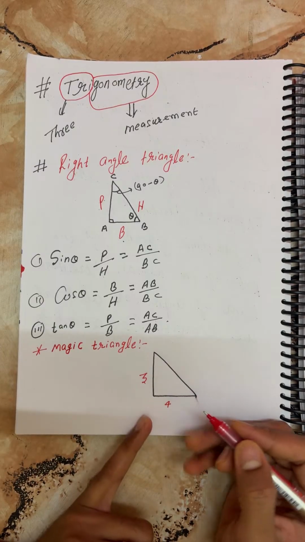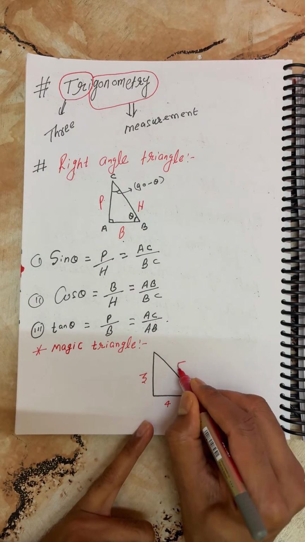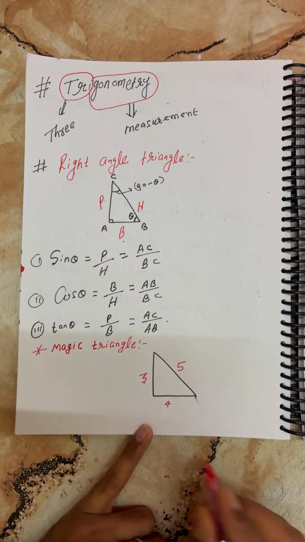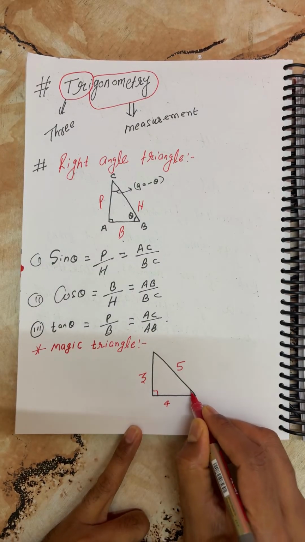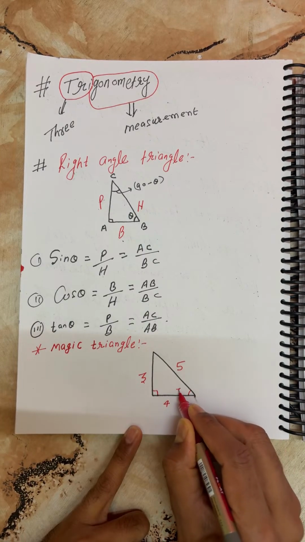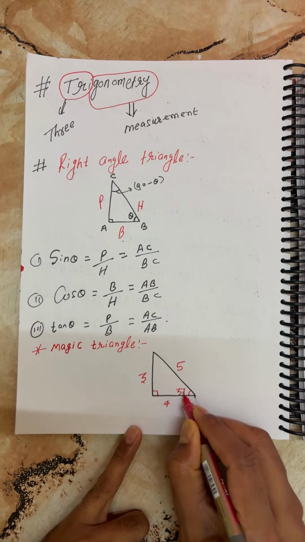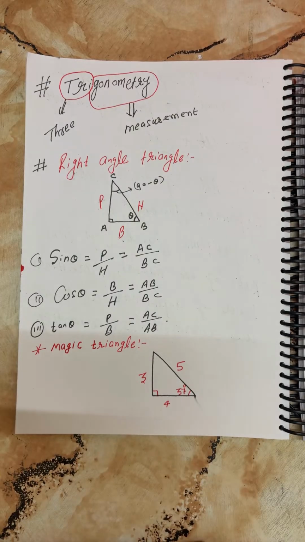So you can say by the Pythagoras theorem, my kids, it's basically 5. Beta, one angle here must be 90 degrees. This angle, kids, I'm considering here, is 37 degrees.